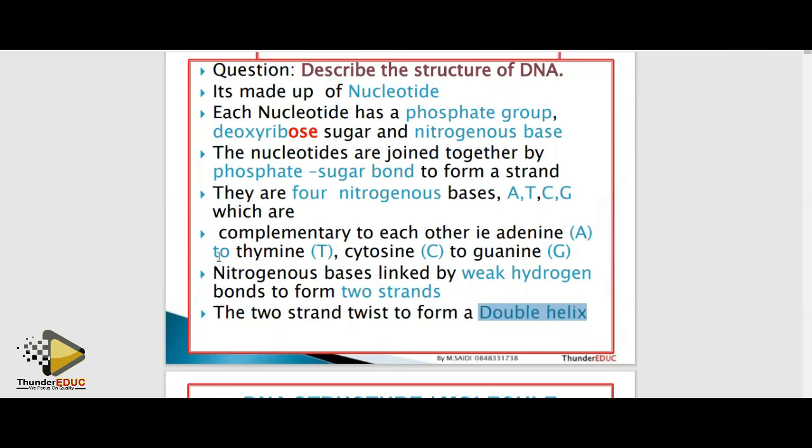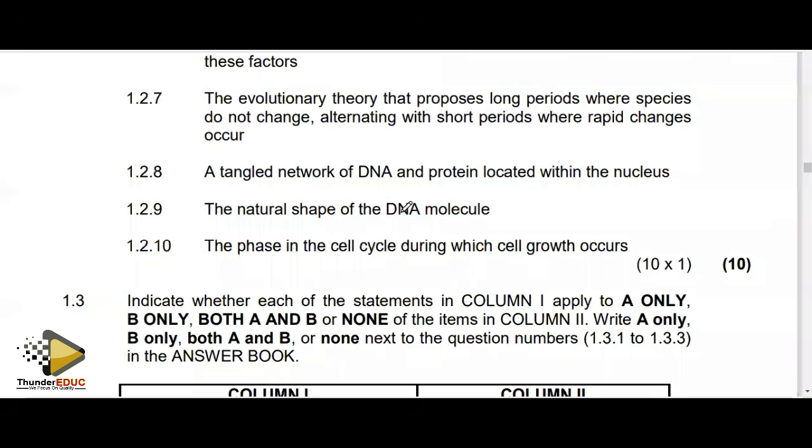So the book answers that question also. Then another one is the phase in the cell cycle during which cell growth occurs. When does cell growth occur? We shall see that cell growth occurs in interphase.